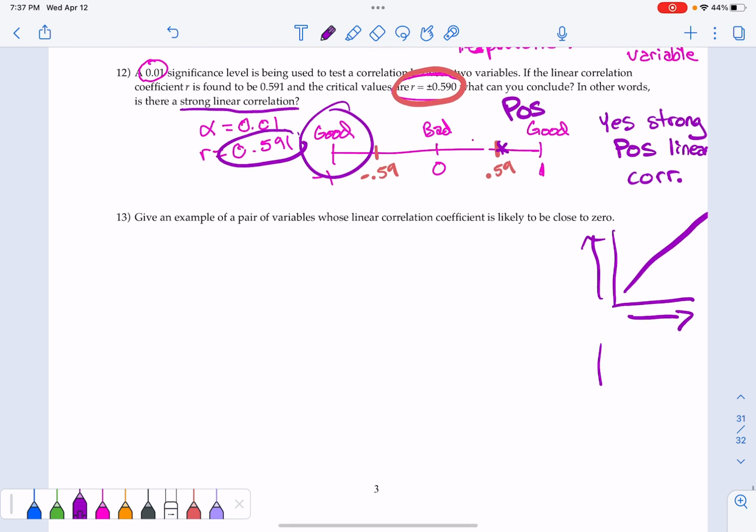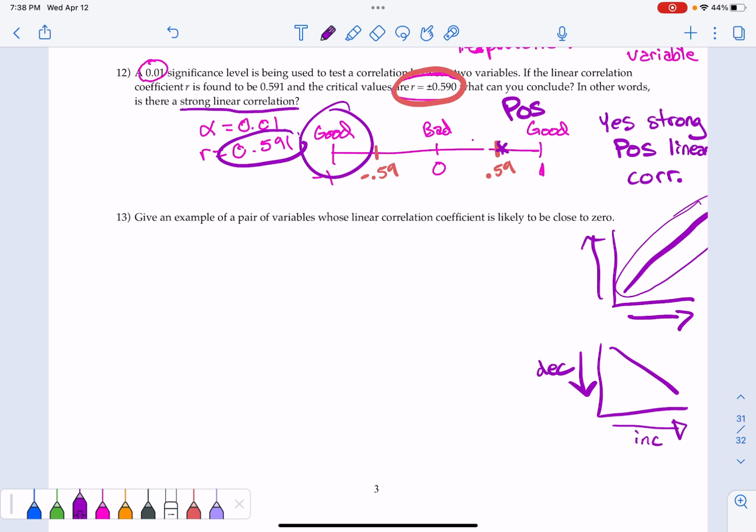A negative relationship would look like this, meaning as this x variable increases, the y variable is decreasing, okay? So that would be a negative relationship. This is a strong positive, which means as one goes up, the other one goes up, okay? So this one, according to what our threshold is, is considered to be strong positive, okay? It's right above the border, all right?